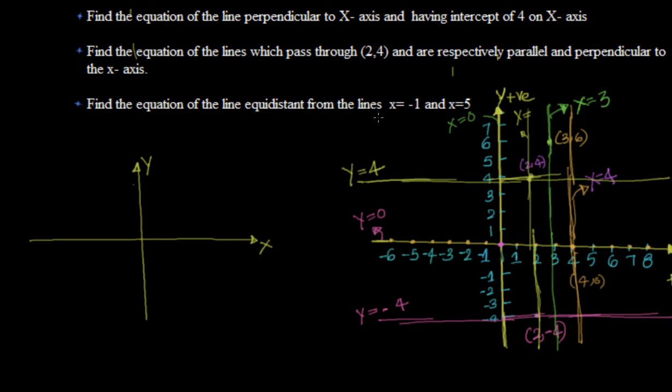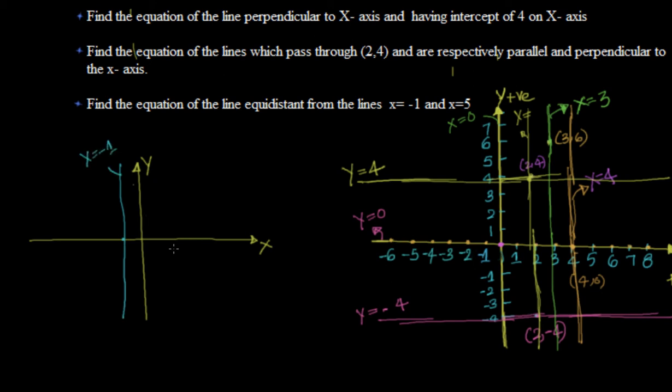So we have two lines. You know, x equal to minus 1 is a line which is parallel to the y-axis, and x is at minus 1. So this is the line x equal to minus 1.